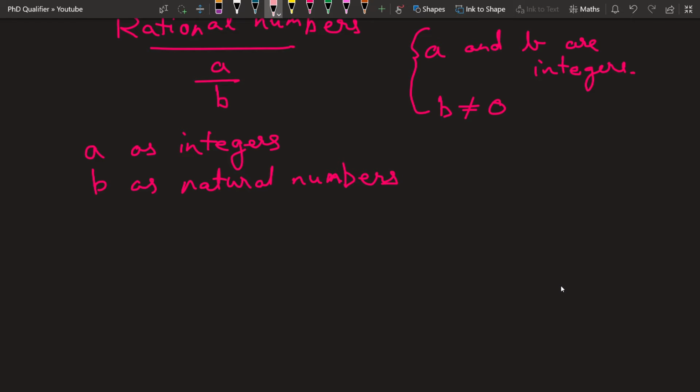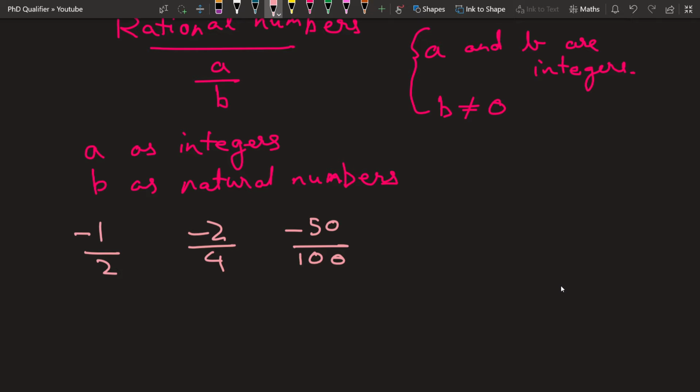For example, you take a as an integer, say -1, and b as, for example, 2, so you have -1/2. But this same thing can also be represented as -2/4 or as -3/6. You have multiple ways of representing rational numbers.